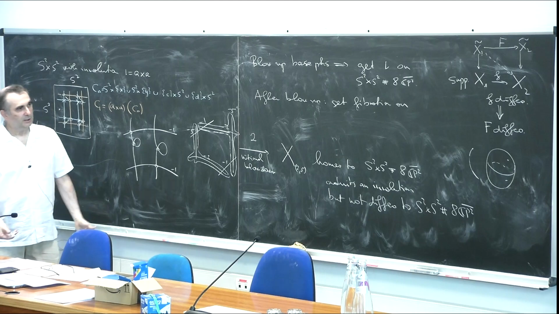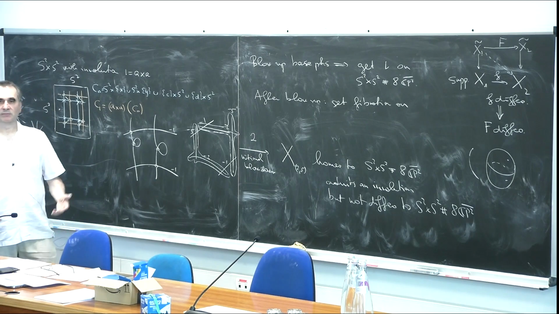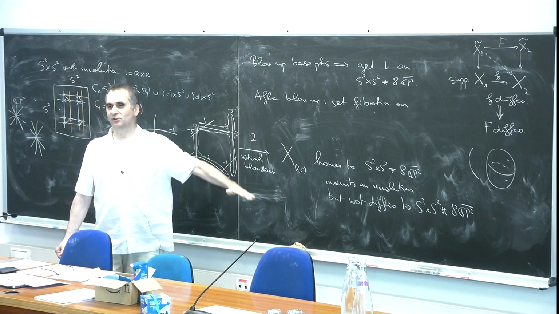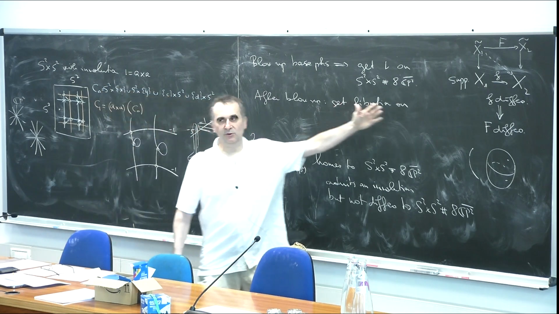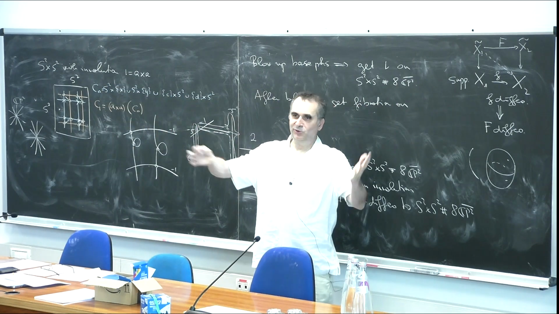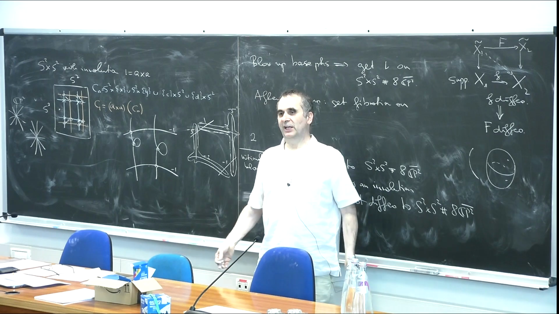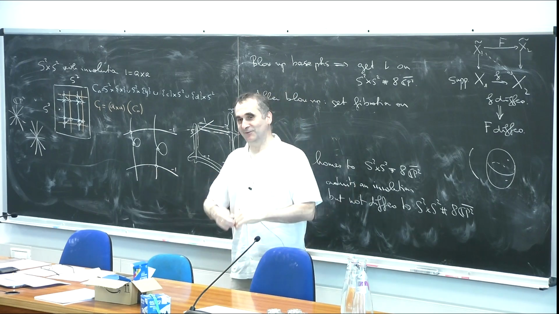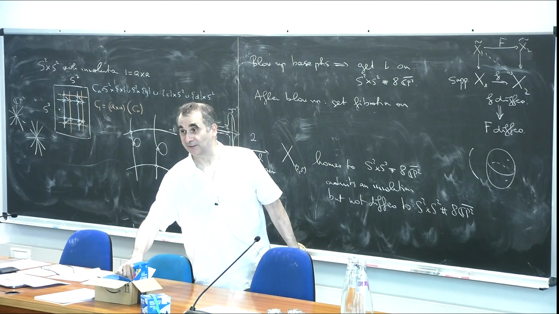So sometimes when Seiberg-Witten theory refuses to help you, you can make a little covering, or you do real Seiberg-Witten, or you do some kind of a trick, and then it will help you again. Not always. There will be a limit when it will not help you, and you have to find out something else.